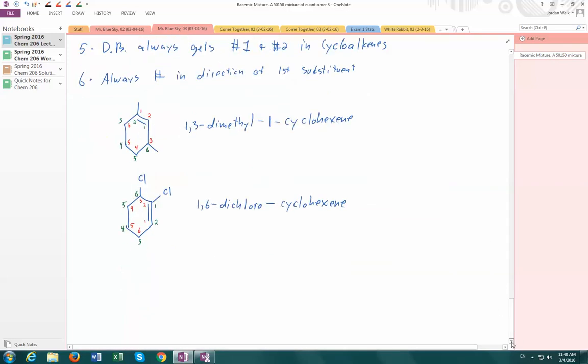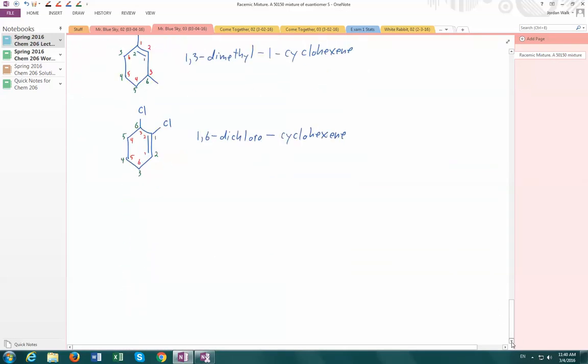Okay. There are a few common names with double bonds, and so if we see this molecule, what is our longest carbon chain? 2, and so what's the root for 2? Eth, and so we'd say it's ethene, but you're never, ever, ever going to see this called ethene.